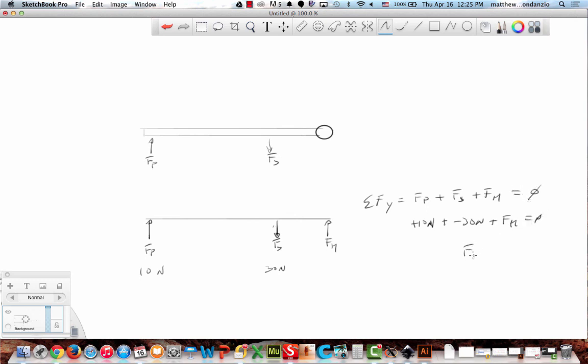So now Fh is equal to what? 10 plus negative 30 is negative 20, so flip it over there, and it's 20 newtons. So which direction is Fh going? Up. Well, I'm calling it the hinge, the force at the hinge. So does Fh change depending on which way you're pushing from? Yeah, it would, wouldn't it?